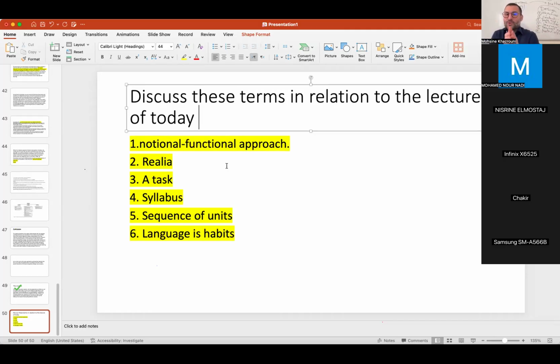I would like you to understand them and apply them in a classroom in Morocco, in context. That's the purpose of this exercise. Okay, I'll give you a few minutes. Whenever you have something to say, just say it.